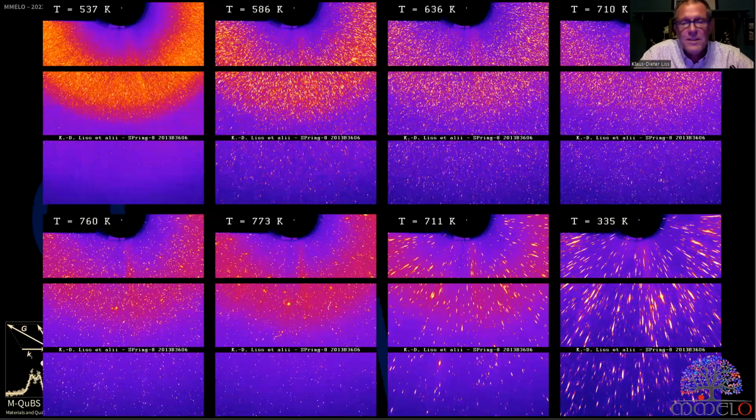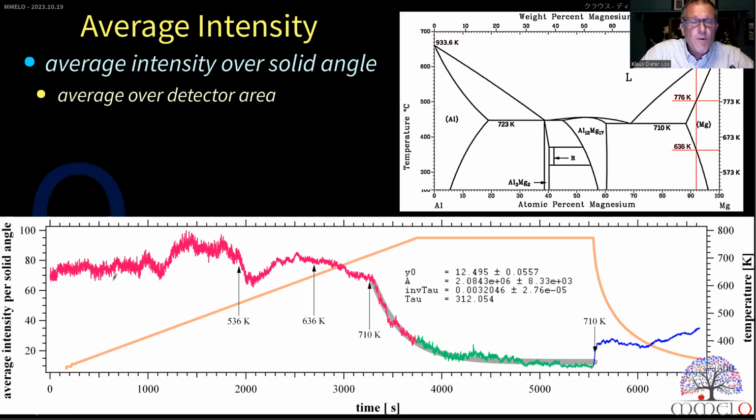I don't have time to escape to the movies, but I have a few here. First of all, if we look at the average intensity scattered into a small, selected solid angle, so just some area on the detector, then we can see there's evolution. And all these features we can match somehow to the processes or the phase diagram.